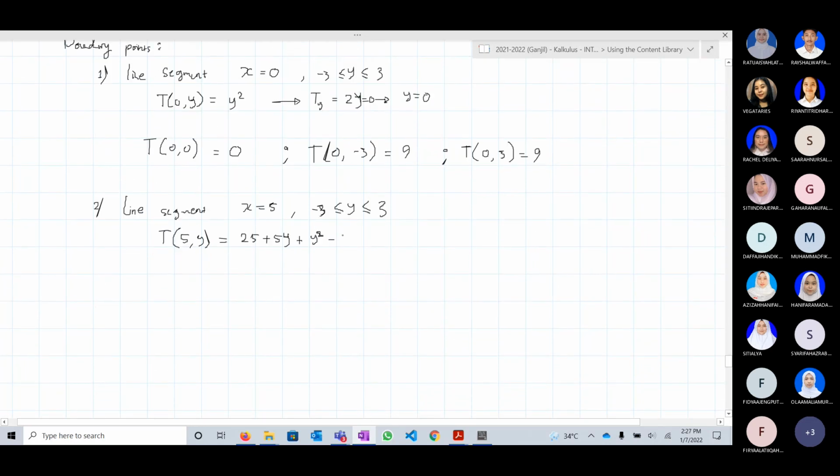So 6 times x is 30. Then this is equal to y squared plus 5y minus 5.